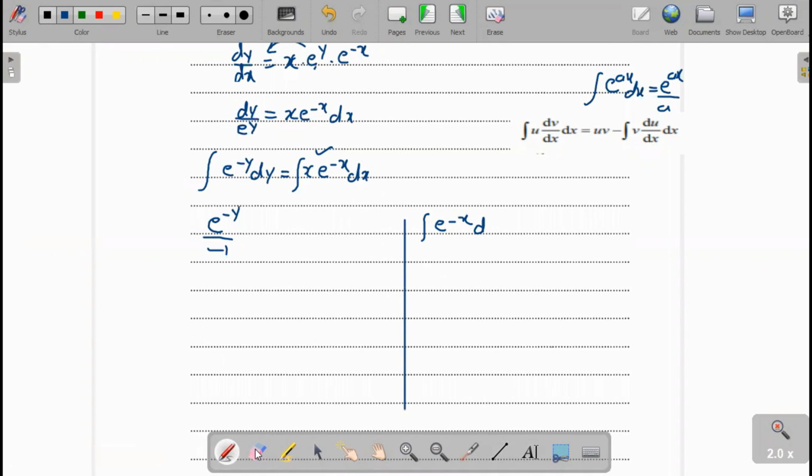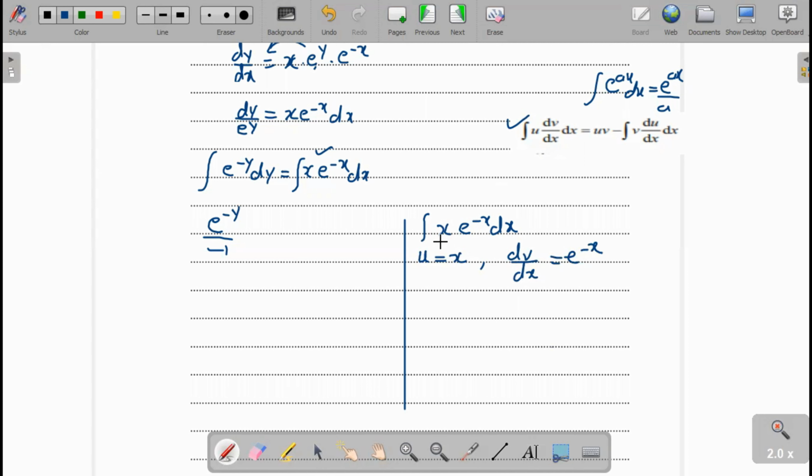Now, for x into e power minus x dx, we use the formula where x is taken as the first term, and e power minus x dx is taken as the second term.